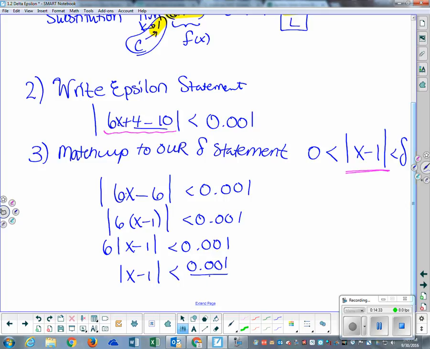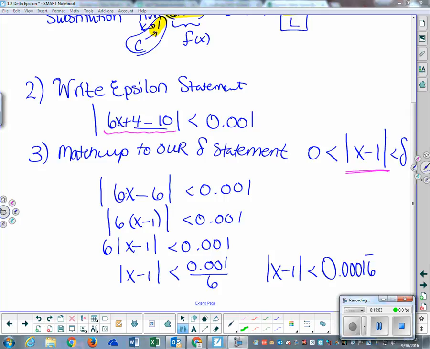I don't have a calculator with me right now, so I'm going to just pause this for a moment and get it. All right, that turns out then that absolute value of x minus 1 is less than... I do not have a correct answer there. Okay, there we go.